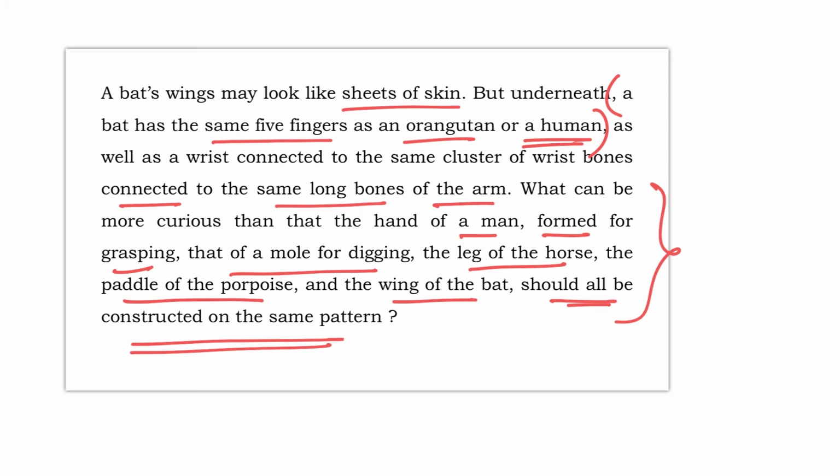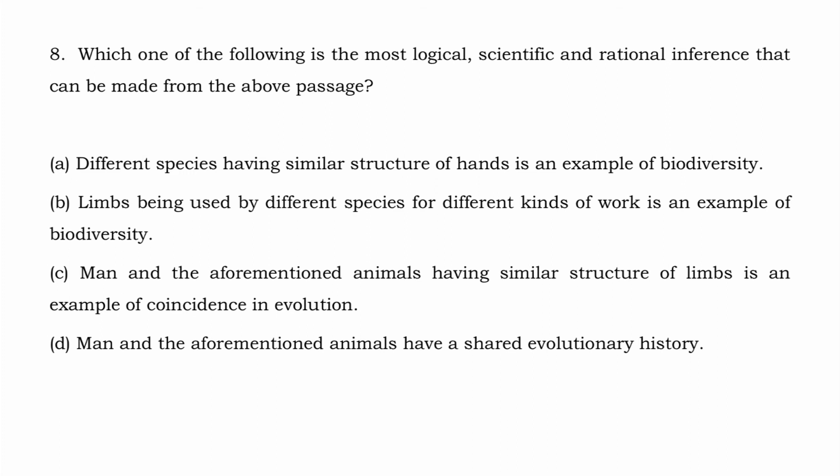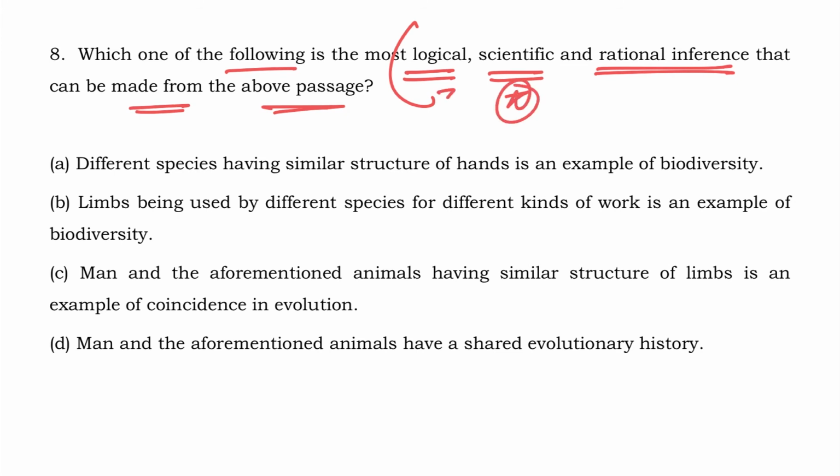So the question is, which one of the following is the most logical, scientific and rational inference that can be made from the above passage here? You need to keep that in mind. Option A is, different species having similar structure of hands is an example of biodiversity.